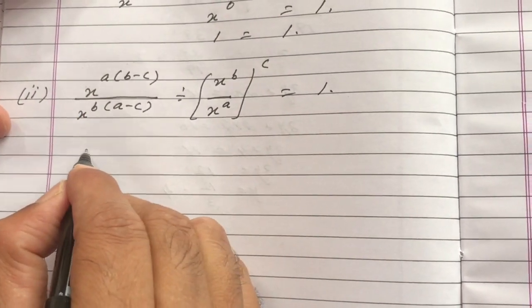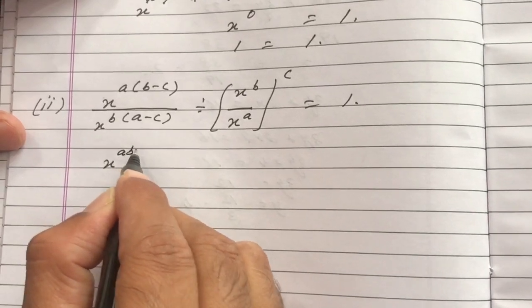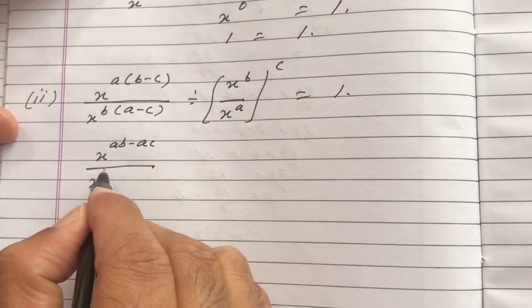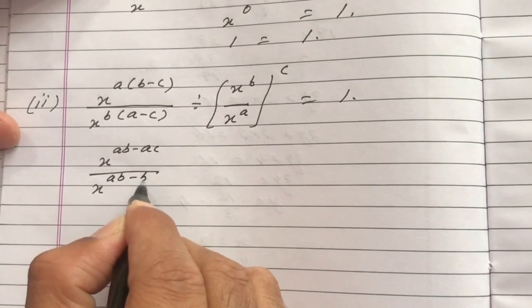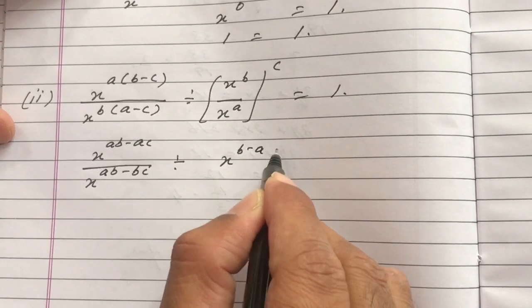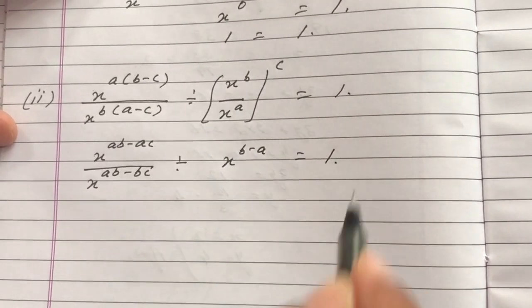So x raised to power AB minus AC upon x raised to power AB minus BC divided by x raised to power B minus A equal to 1.